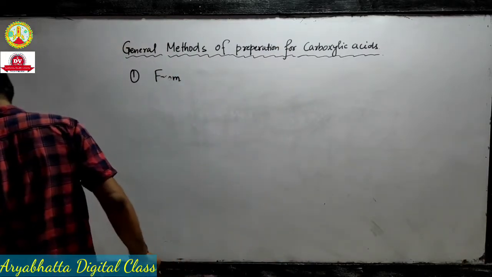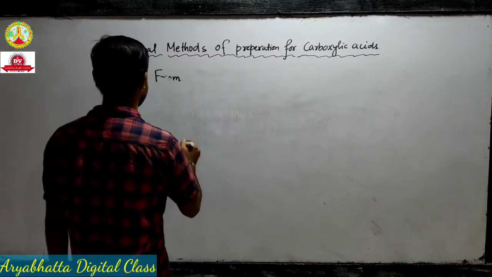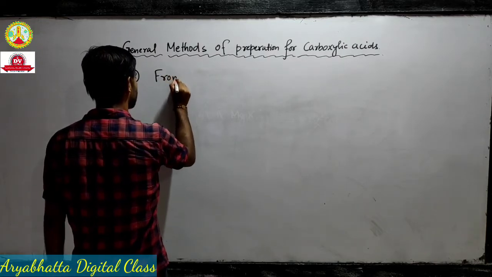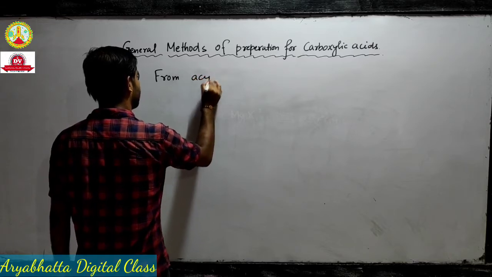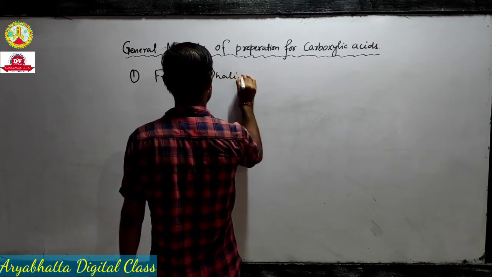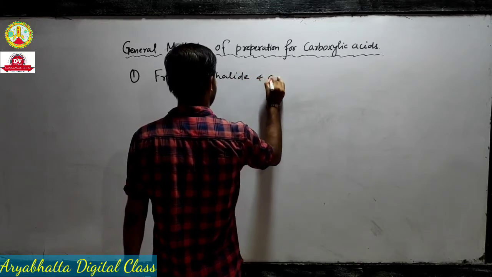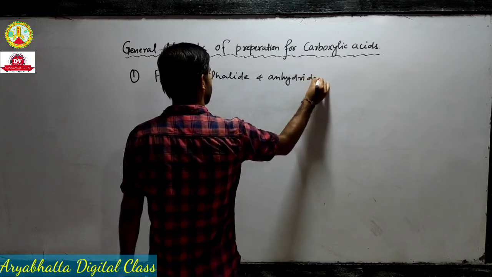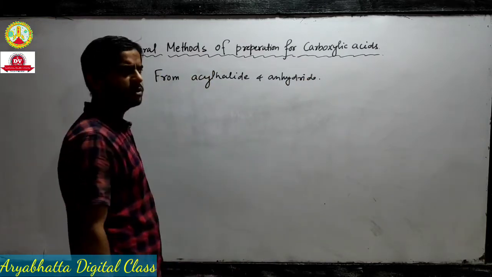Now we have from acyl halide and anhydride. Acyl halide is nothing but acid chloride.